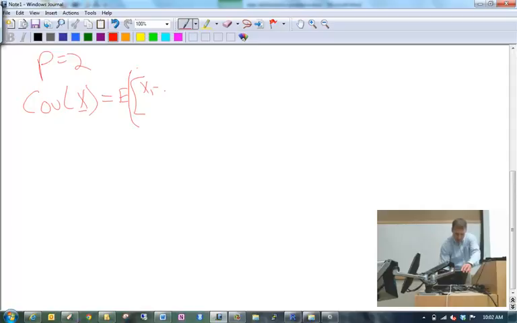x1 and x2, that vector, minus the vector mu1, mu2. I'm going to run out of room here, so hopefully you can erase as well.